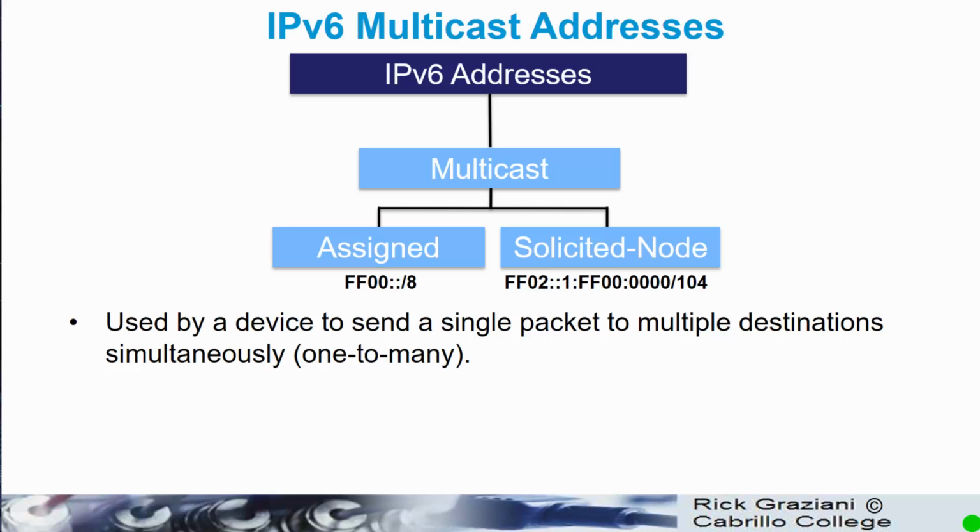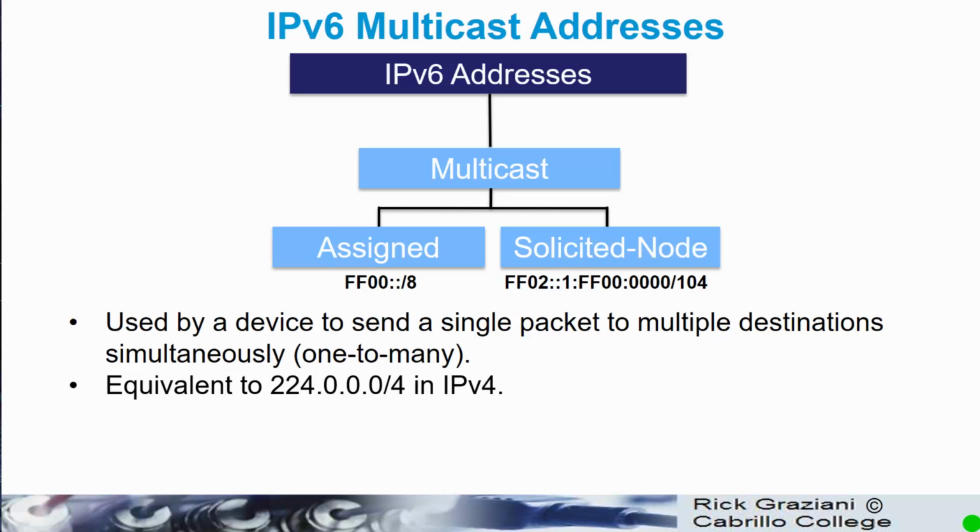Instead of having to send a one-to-one, a unicast, or a broadcast, one to everyone, I understand that in IPv6 we don't have broadcasts. I'm just saying we have those three general types. IPv4 is unicast, multicast, broadcast. IPv6 is unicast, multicast, and anycast.